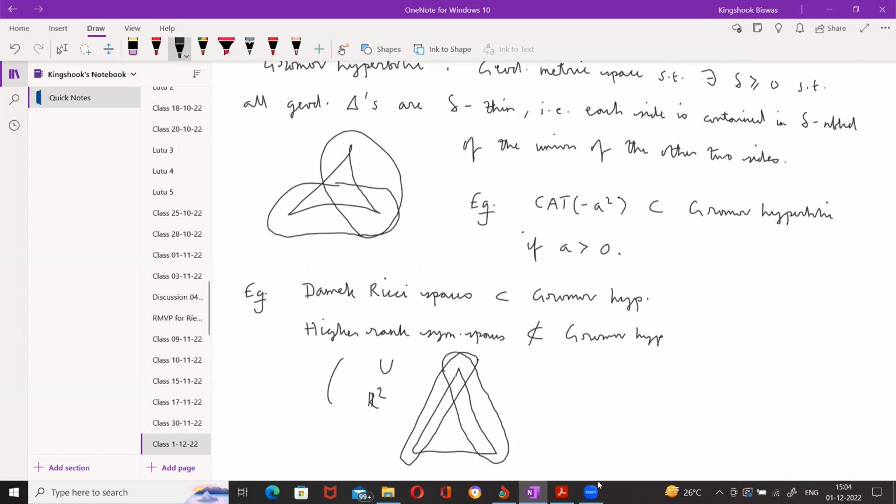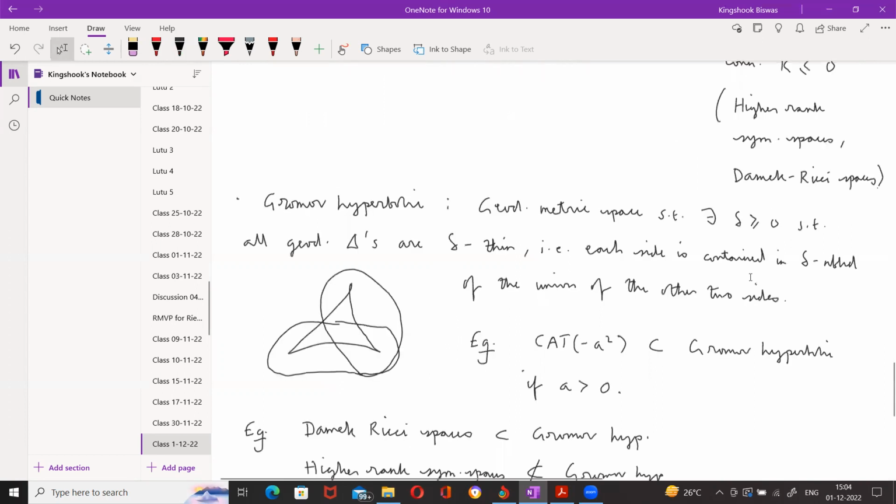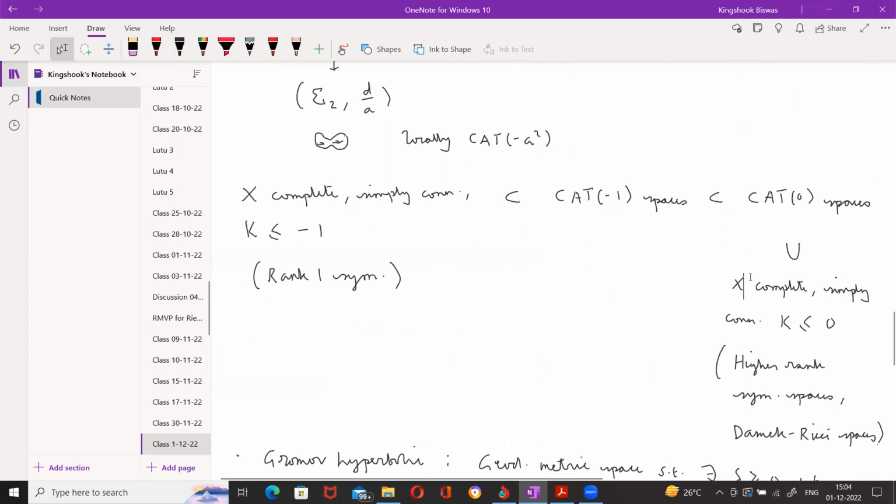So far, Gromov hyperbolic space is the largest collection. Well, no, that's the thing. It's a bit more complicated. So you see, the CAT(0) spaces are not necessarily Gromov hyperbolic, right? Like the higher rank symmetric spaces, those are CAT(0) but not Gromov hyperbolic.